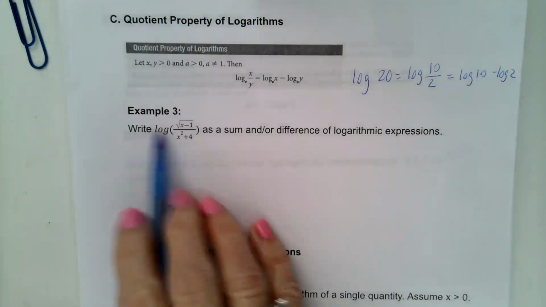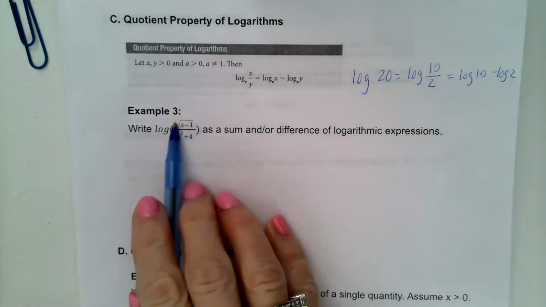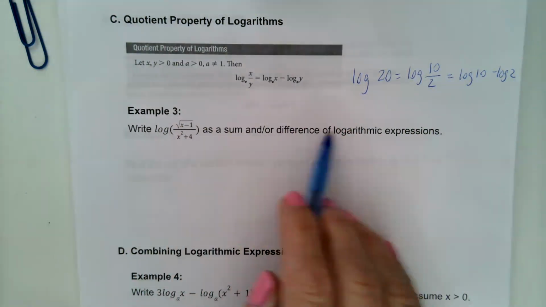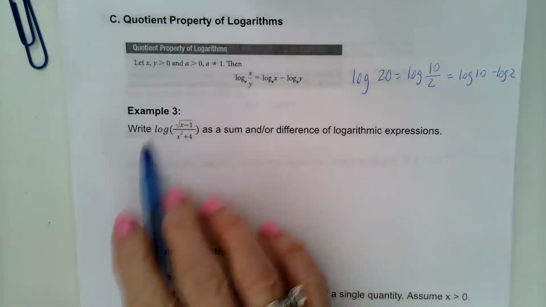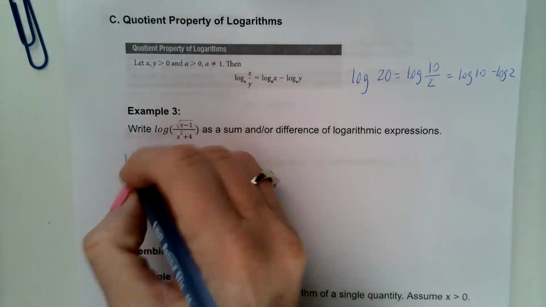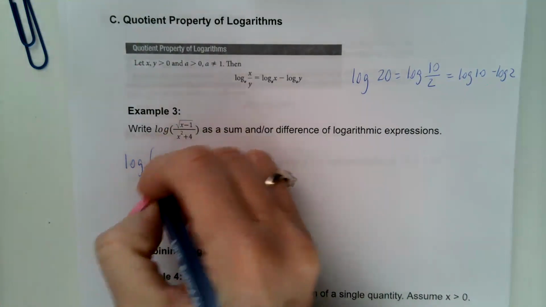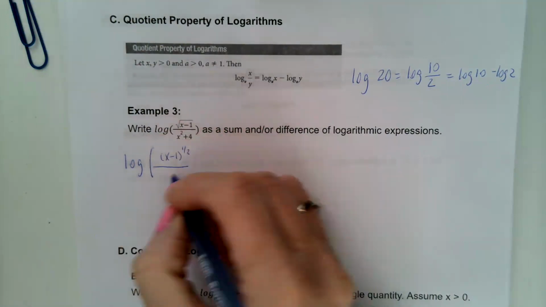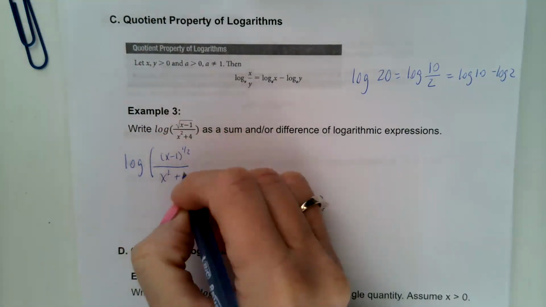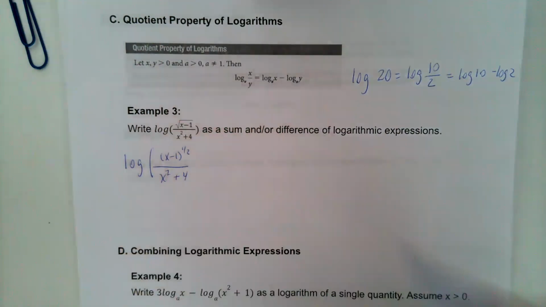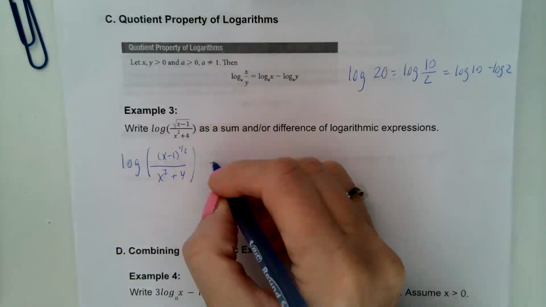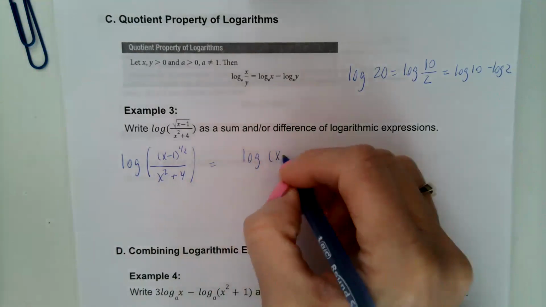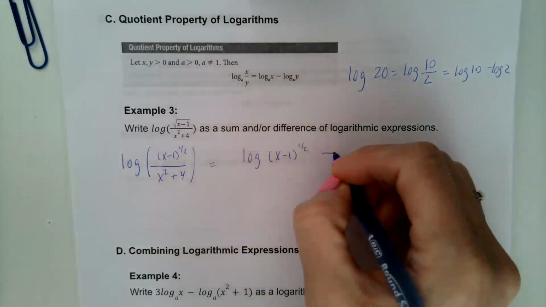Example 3 says, write the log of the square root of x minus 1 over x squared plus 4 as a sum and/or difference of logarithmic expressions. So we have several things going on here. First thing I'm going to do is rewrite this as x minus 1 to the 1/2, and then I've got x squared plus 4. So I'm going to separate the numerator and denominator first.